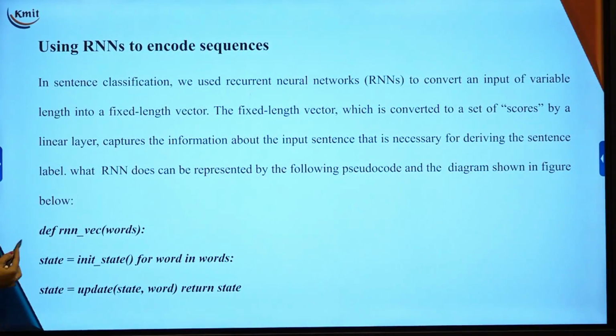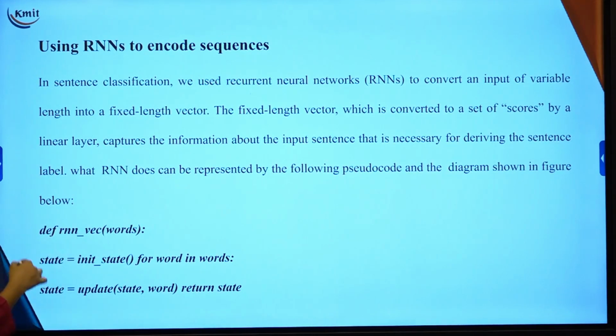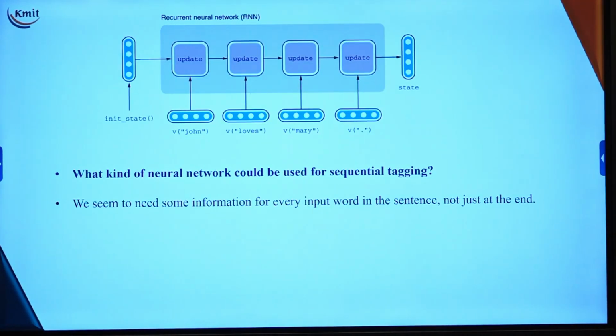So, we have defined a function RNN vector. We give the initial state, update the state with the state and current word, and return the state. So, this is the simple RNN code for encoding sequences in the sentence classification task. Now, how do I design that RNN for sequential labeling?